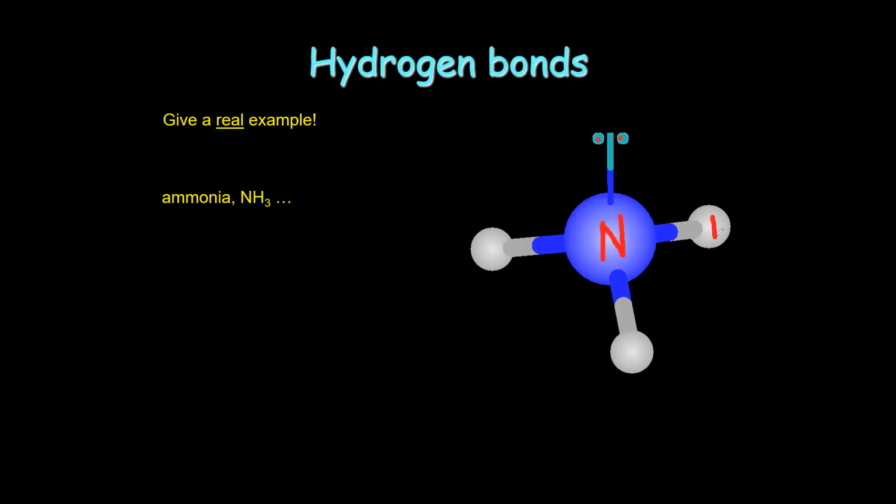And you have 3 hydrogen atoms surrounding it. So in this case, in ammonia, will you expect to find hydrogen bond? Would you expect to see this? I want a response.